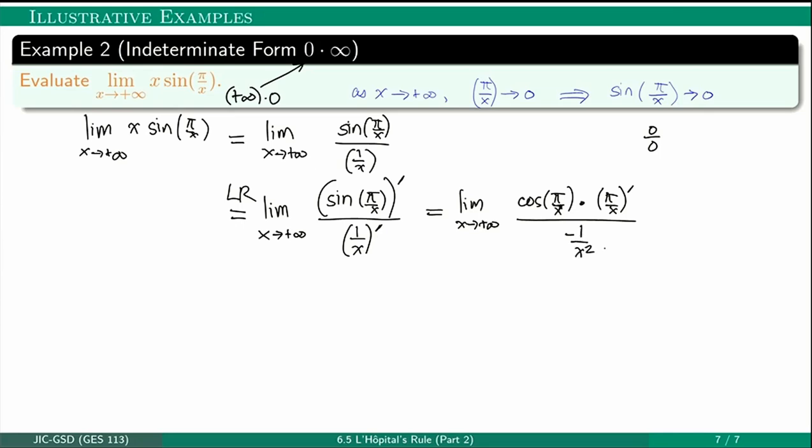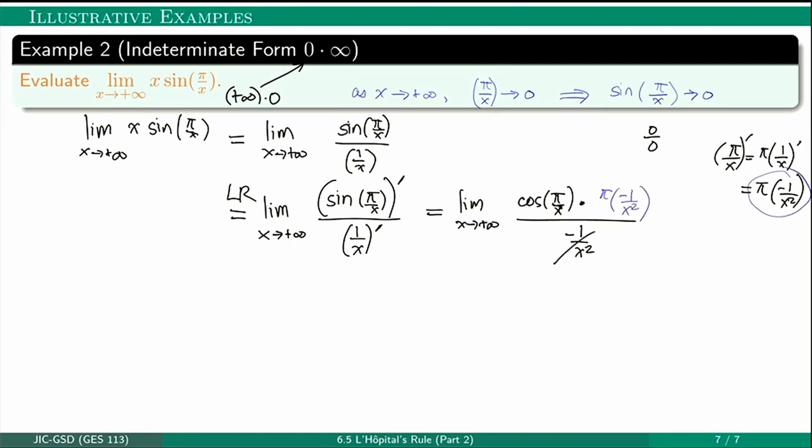Now, actually, pi over x can be written as pi times 1 over x. The derivative of this is just taking the derivative of 1 over x, so its derivative will be pi times minus 1 over x squared.